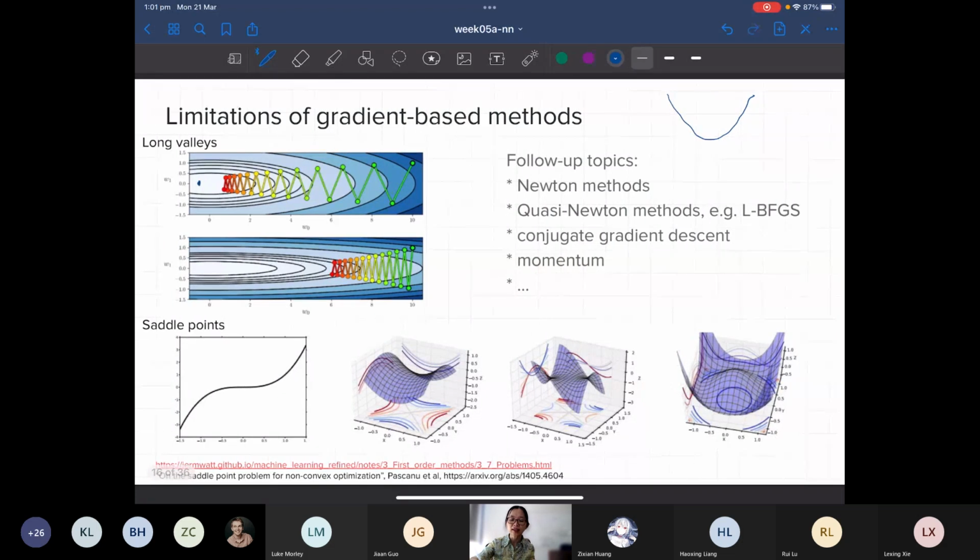Basically it takes us a lot of steps to actually converge to the global optimum, because we're essentially going in a direction that's perpendicular to the global direction where the function goes down. And once we're near the bottom, we're just zigzagging and not approaching the global optimum, which is bad. Or in this case, we're just zigzagging even before we get to the right region.